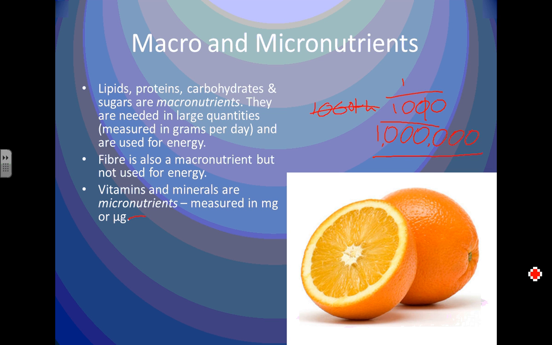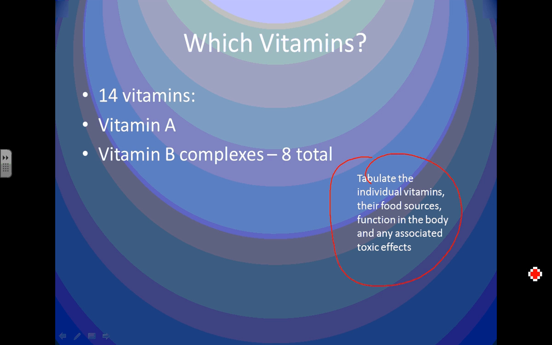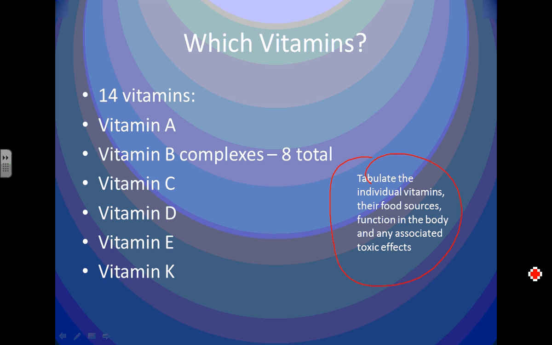The problem with mega dosing from, say, multivitamins or vitamin tablets is that, one, they're largely not bioavailable, so you need to have a lot more, and two, the ones which are non-soluble, which are your vitamins A, D, E, K, will build up in your fat cells, and that can lead to toxicity.